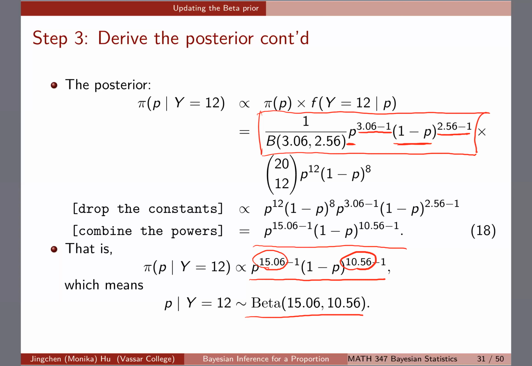So, like I said, this is the simplified version for now, and I just want us to focus on the random part and not worry too much about the constants. But after we cover this, I will go over the detail of how, if we're not going to use the proportional sign, if we keep all of the constants together, we can still come to the point that it's going to be a beta distribution.